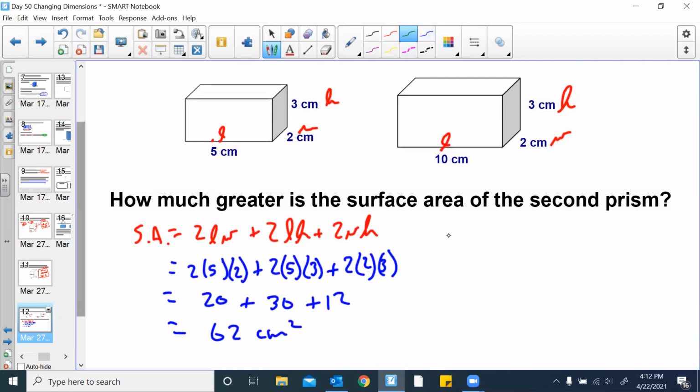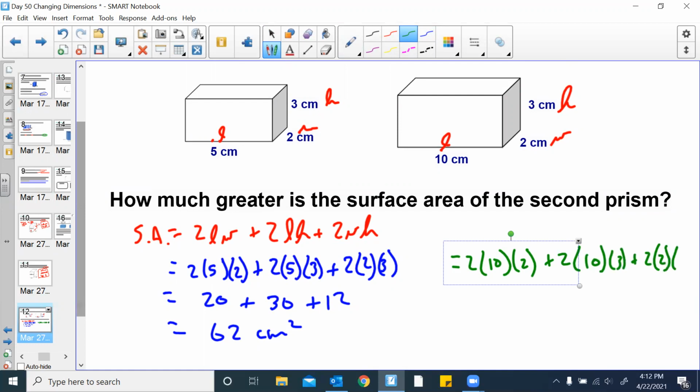All right, and then for this one, we will have 2 times 10 times 2 plus 2 times 10 times 3 plus 2 times 2 times 3. Again, 2 times 10 is 20, times 2 is 40. 2 times 10 is 20, times 3 is 60.